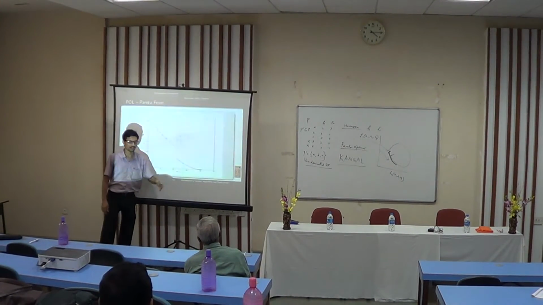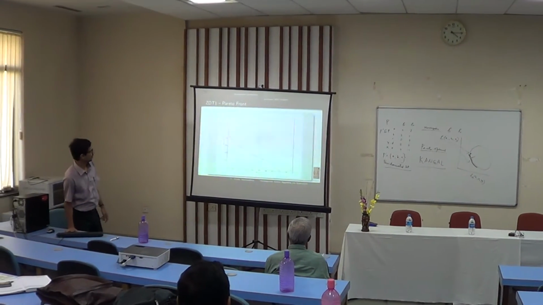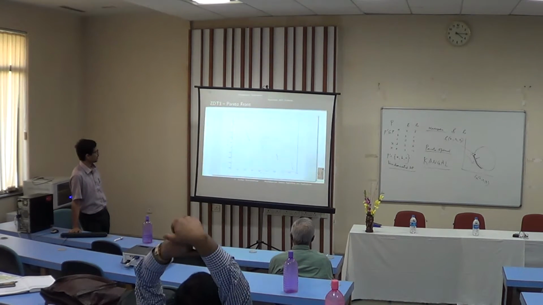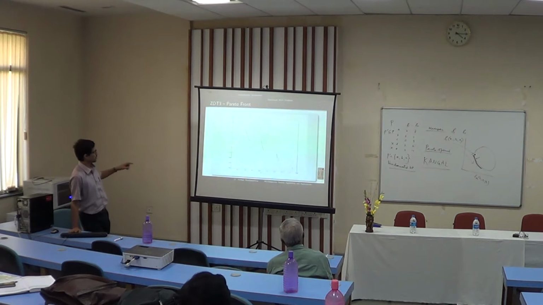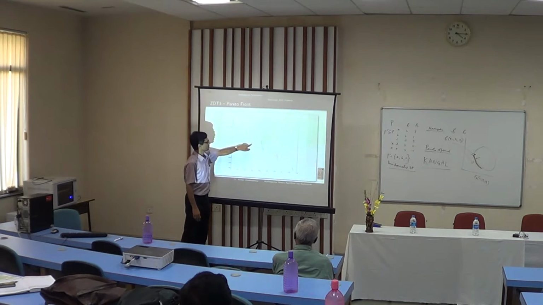So only this part is there. So this is another one. This is again a front of this type. This is also nice. The search space is like this actually. So that's why only these parts.